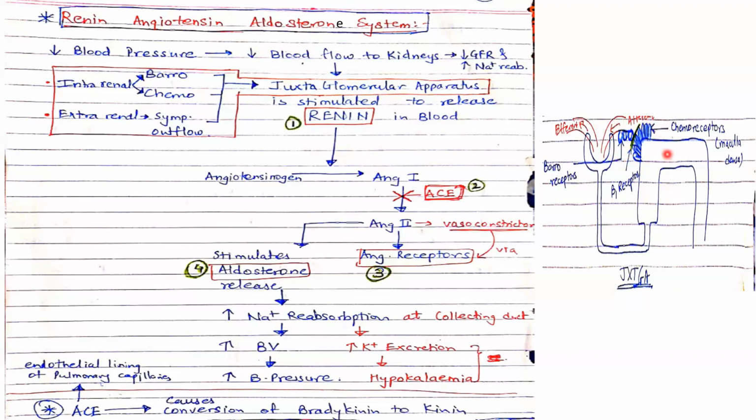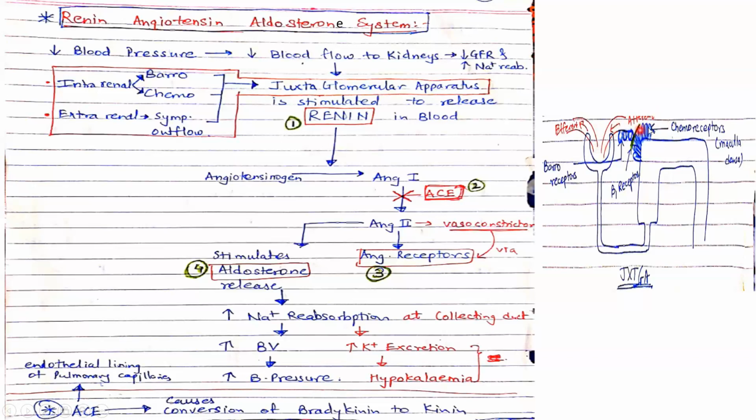This juxtaglomerular apparatus is made up of these cells. These are nothing but baroreceptors, receptors which are sensitive to pressure, and they are attached to arterioles. What is their function? What is happening now? Because there is low blood pressure, the blood which is flowing through the arteriole flows with lower pressure. Baro is related to pressure.